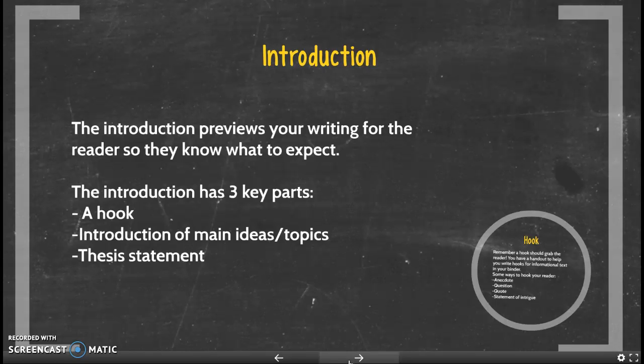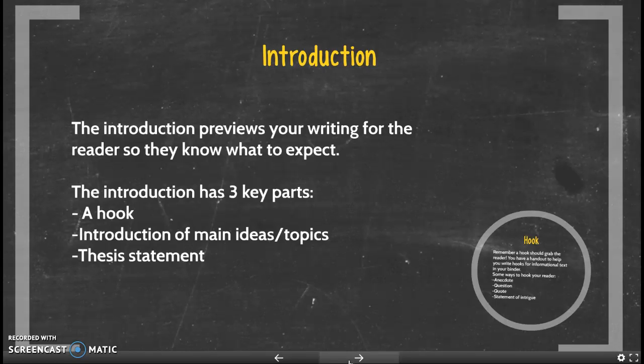Your hook here would be something catchy related to your topic. I'll talk about the different types of hooks in just a second. You are also going to introduce the main ideas and topics that you're going to cover in your presentation, or your PowerPoint or poster, timeline, whatever choice you have made for your final project.